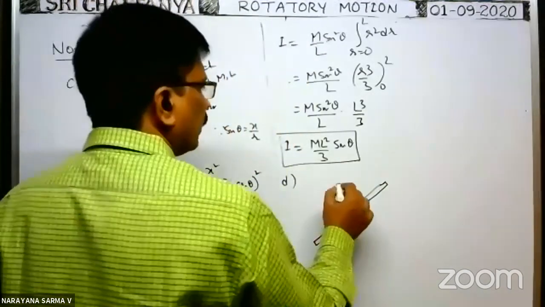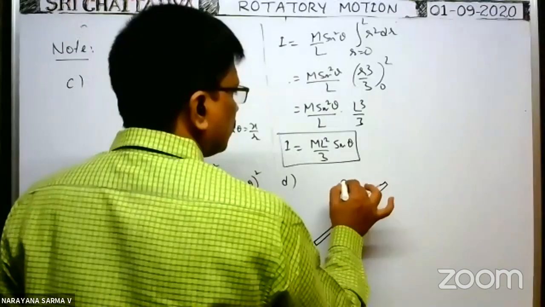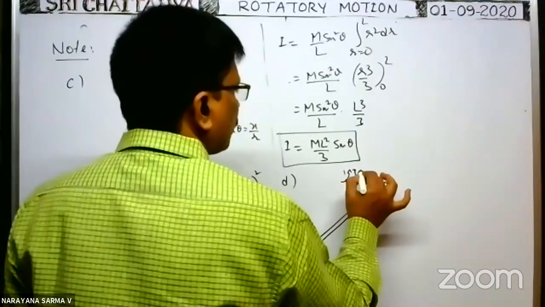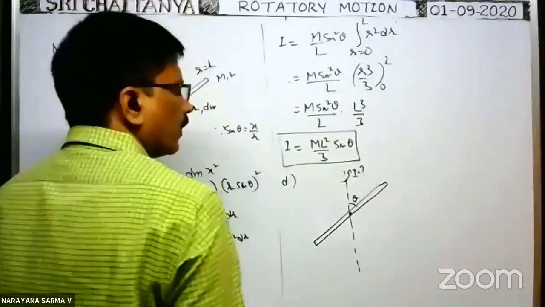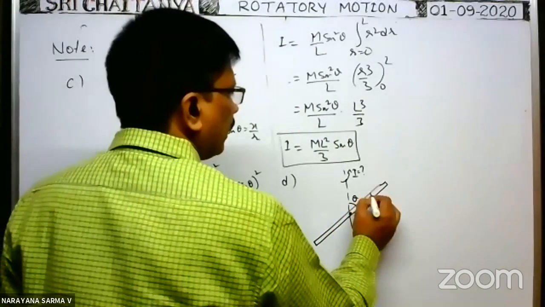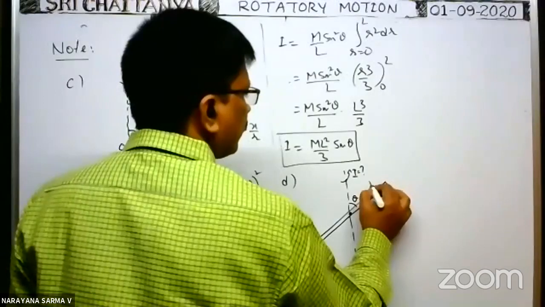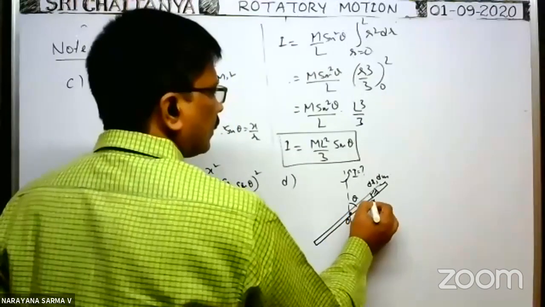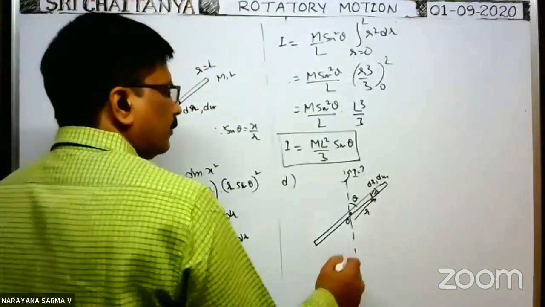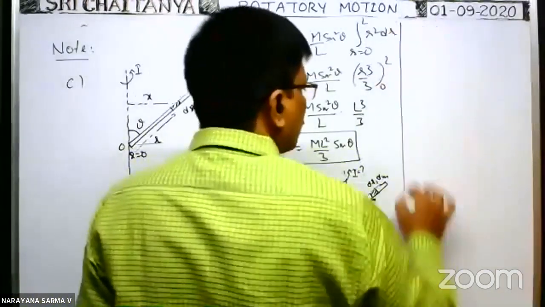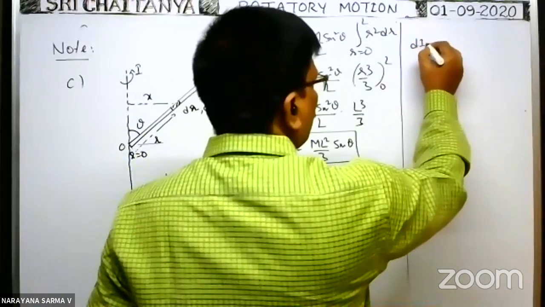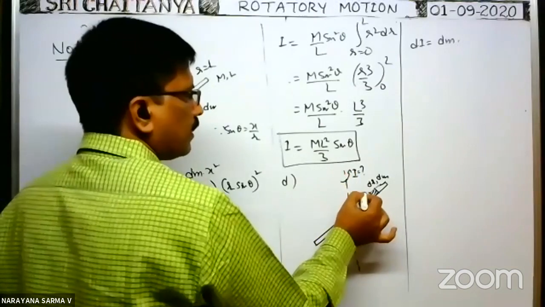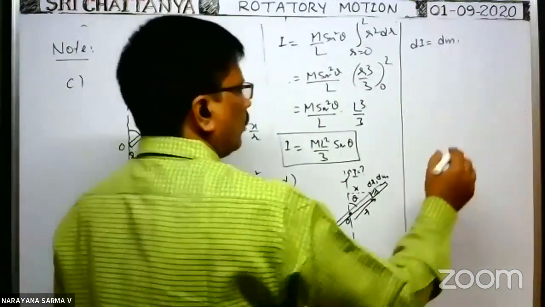Here, this is the rod, about an axis passing through the midpoint and making an angle theta with the rod. What is the moment of inertia? As it is the midpoint, suppose we consider one element here. The length of the element is dr, mass dm, and suppose this is the origin. So this element is at a distance small r. Then the moment of inertia of this element about this axis, dI, is equal to the mass of the element dm into the perpendicular distance of this element from this axis, that is say x, so x square.